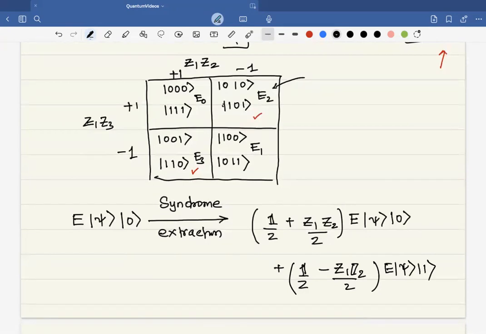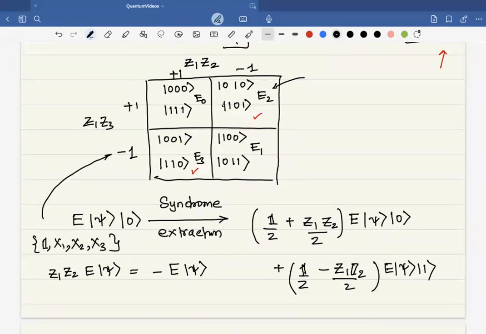Okay, so now let's assume that the error occurred on the first bit. Suppose the error occurred on the first bit, then Z1, Z2 E psi will be equal to minus E psi. So the types of error we are going to correct are either identity, X1, X2, or X3, which correspond to these four subspaces over here, partitioning our Hilbert space.